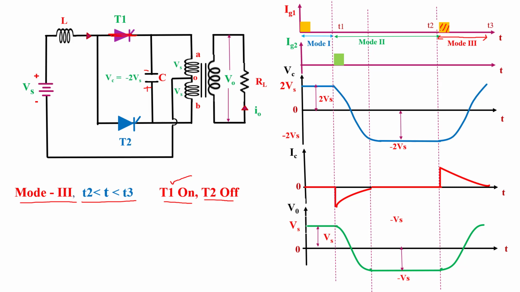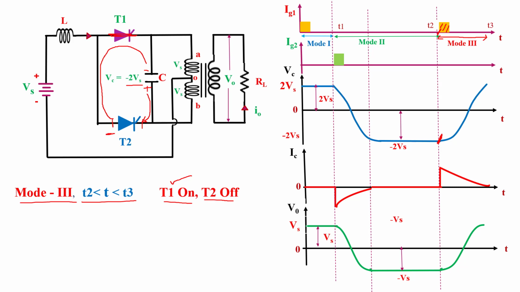At instant T2, the voltage across the capacitor is minus 2 Vs. Here we see that at this time instant, when we apply the gate triggering pulse to the thyristor, the voltage across the capacitor is minus 2 Vs, and the polarity across the capacitor is upper plate negative and lower plate positive. So when T1 gets short circuited or turned on, the higher potential of the capacitor is connected to this terminal of the T2 thyristor, and the lower potential of the capacitor is connected to this terminal of the T2 thyristor.